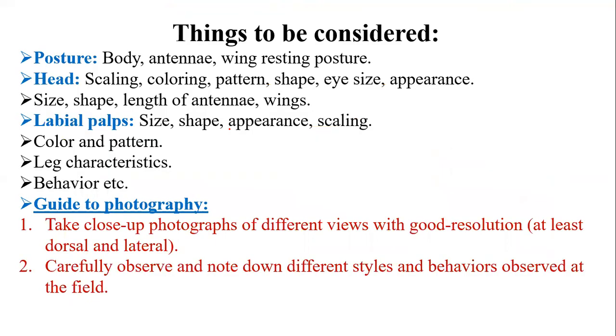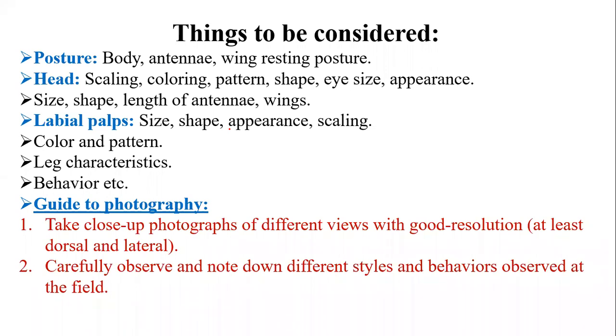Okay, frankly speaking, it is very tough, or sometimes impossible, to identify micromoths, at least up to family or subfamily level, in the field or from photographs only, because most of their identifying features are so subtle and minute that they often need to be analyzed carefully under a microscope.